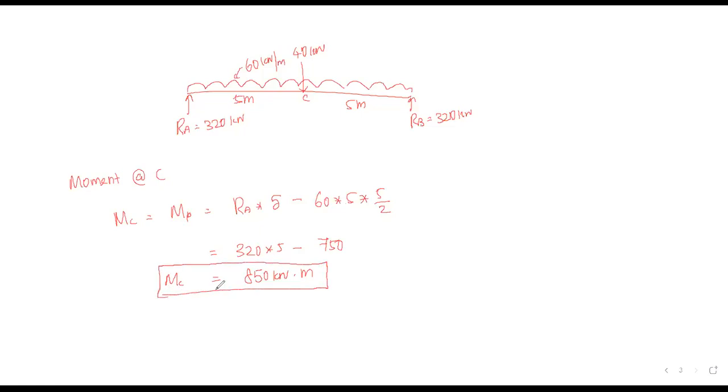Now what should I do? We have to choose the section with respect to the moment. Step 2: calculation of ZP required, that is the required section modulus. For that we have the condition that M should be less than MD.